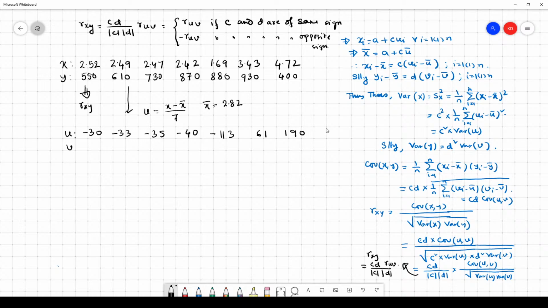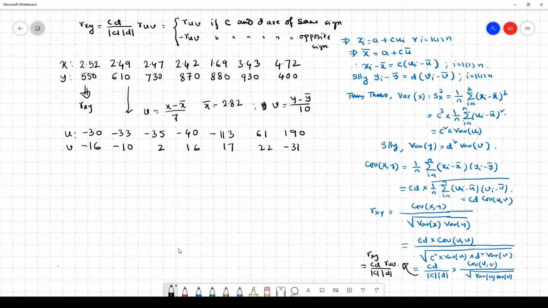And similarly, if you consider this transformation for the variable v, that is y minus y bar by 10, then you get minus 16, minus 10, 2, 16, 17, 22, minus 30.